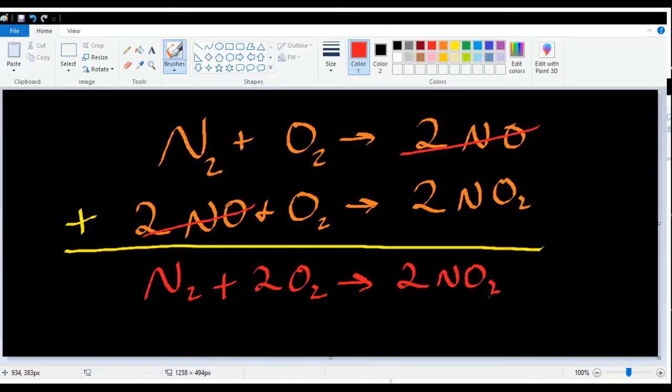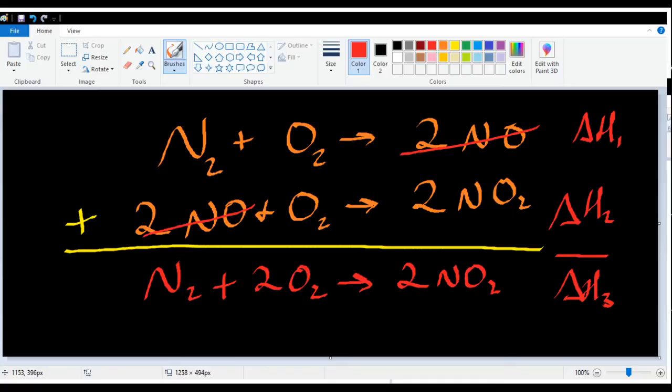Therefore, just as with sublimation, enthalpy 1 plus enthalpy 2 yields enthalpy 3. So that is a nice, simple Hess's law problem.